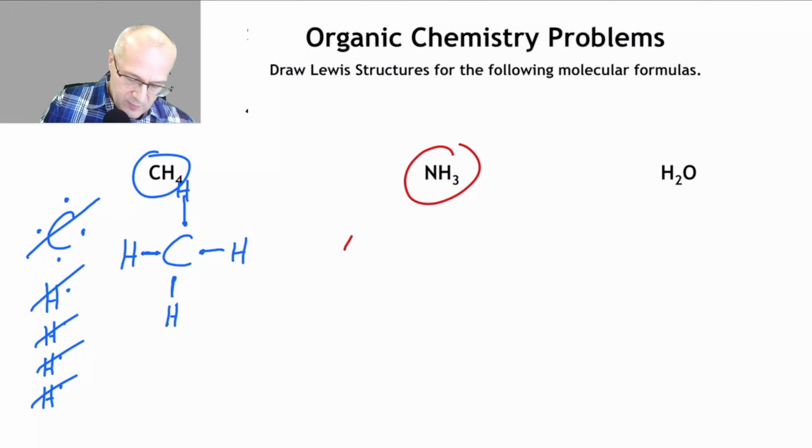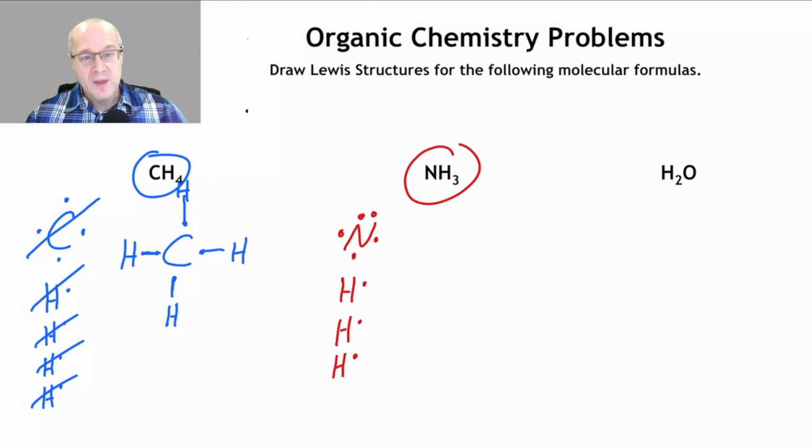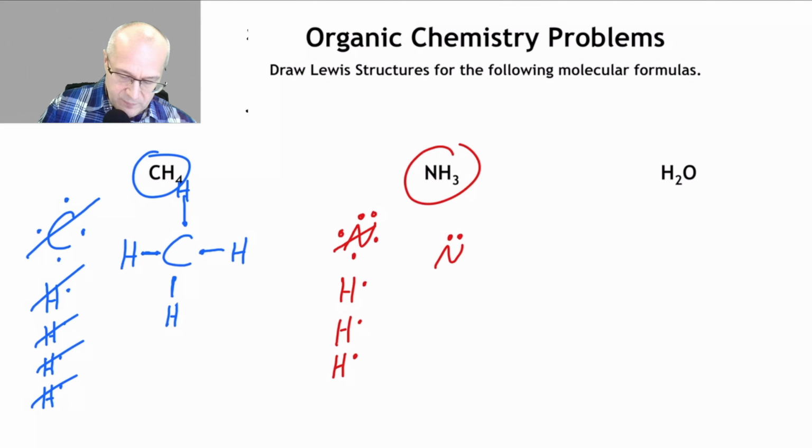Ammonia. We know nitrogen has 5 valence electrons because it's in group 5A or group 15. Hydrogen each has 1. Hydrogen wants to have 2. Nitrogen wants to have 8. It already has 5, so it's going to want to make 3 more bonds to something. It doesn't have to be hydrogen, but in this case it does because it's ammonia. We're working with NH3. But nitrogen can bond to any other nonmetal. In this case, it's hydrogen. So let's bring the nitrogen out. And we know we can make a bond with a hydrogen, right? There we go. There's 1 bond. 2, 4, 5, 6.